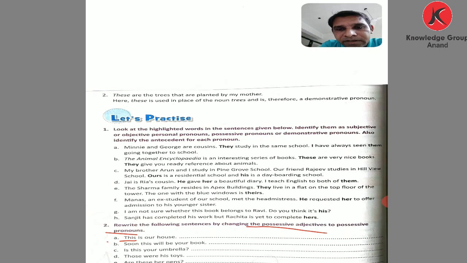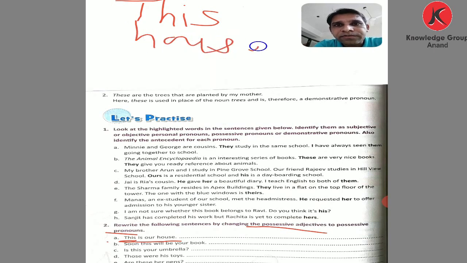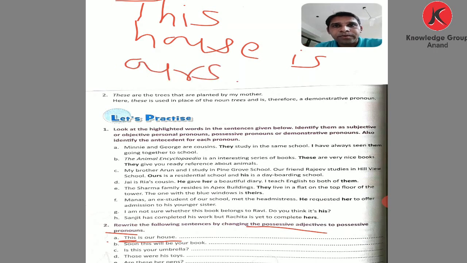See, here is A: this is our house. If we write this before the noun, this house is what? Ours. Then we write ours and a full stop. In the A form, house is the noun and before that we use this.